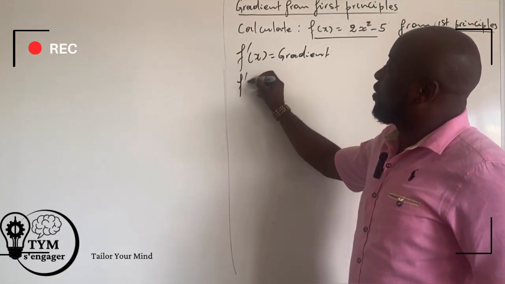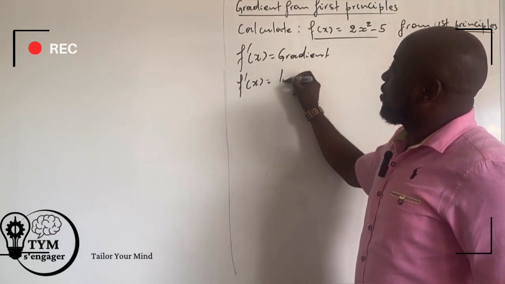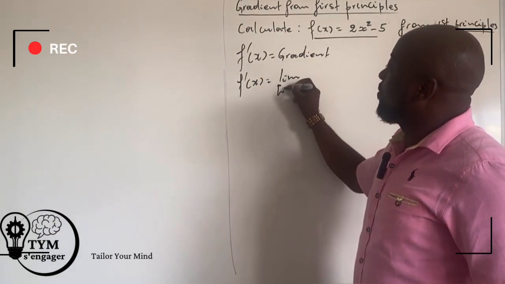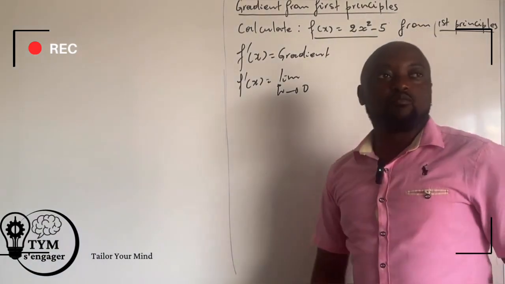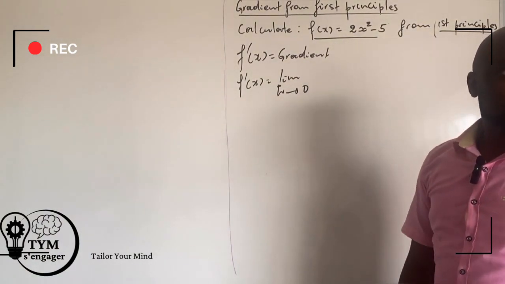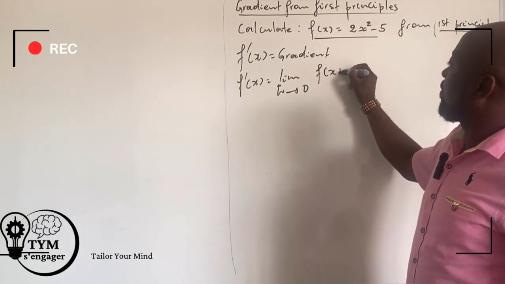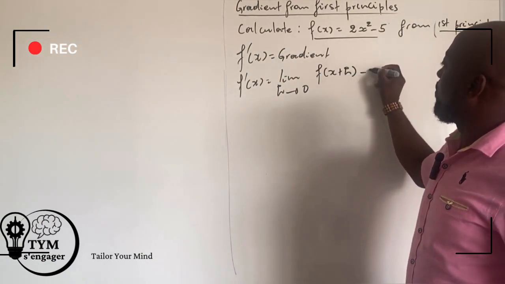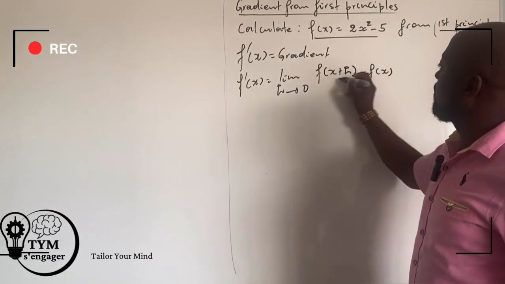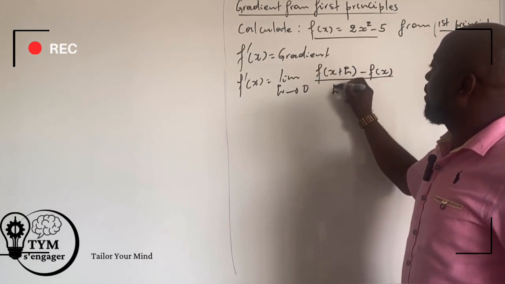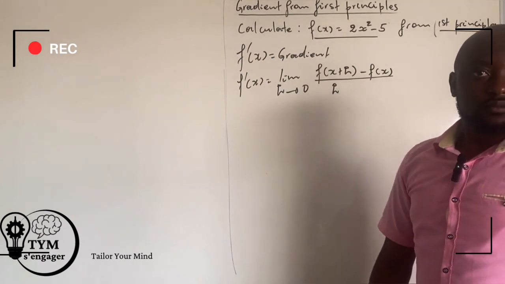To find that value, the rule tells you it will be the limit as h approaches 0 of f of x plus h minus f of x, everything divided by h.